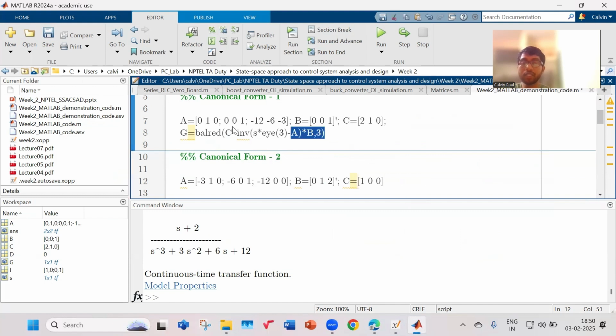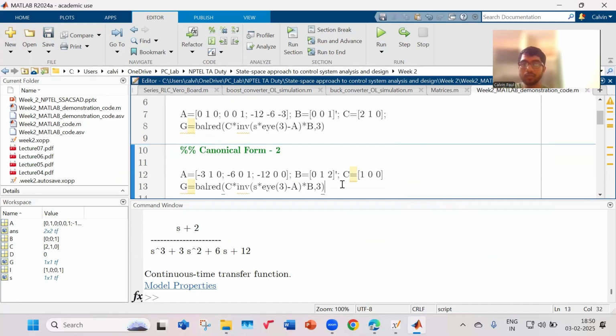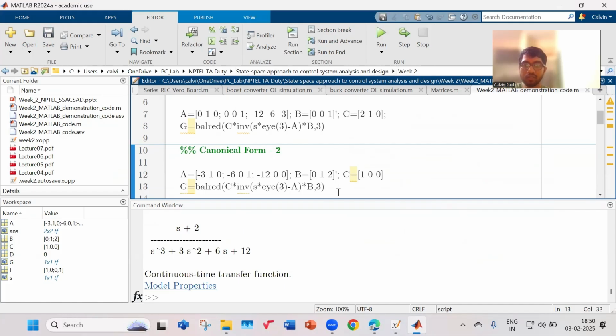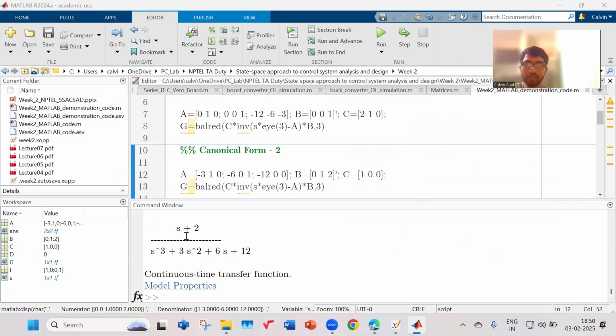So now let us find the transfer function of this system. Let me run this section. And again, we get the same original equation. That is g is equal to s plus 2 upon s cube plus 3s square plus 6s plus 12. Okay, so it remains the same.